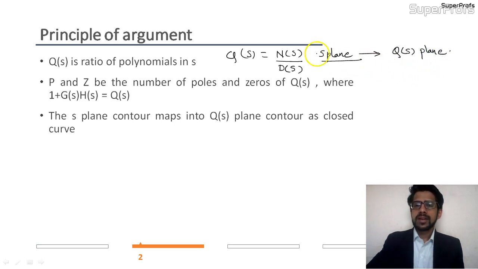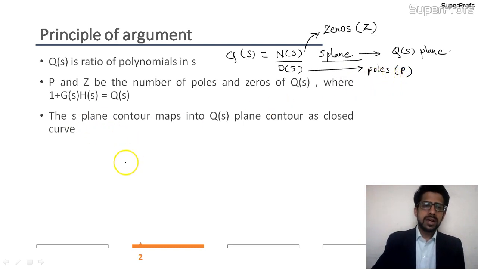We already know the roots of the numerator, let us call them zeros, Z, and the roots of the denominator will be called poles, P.